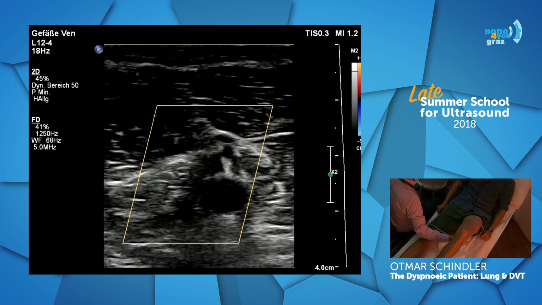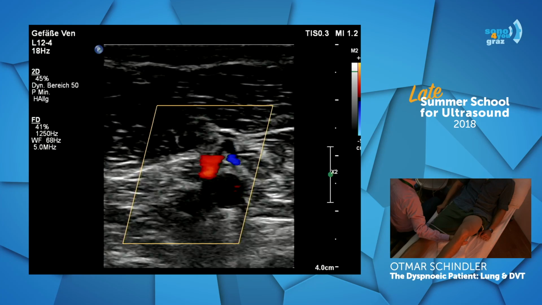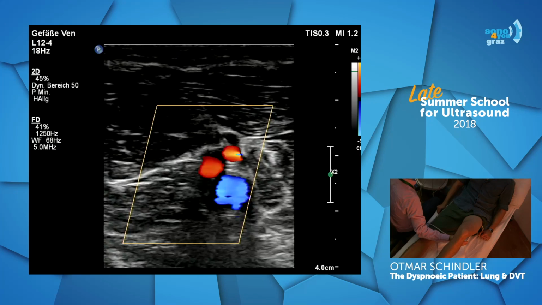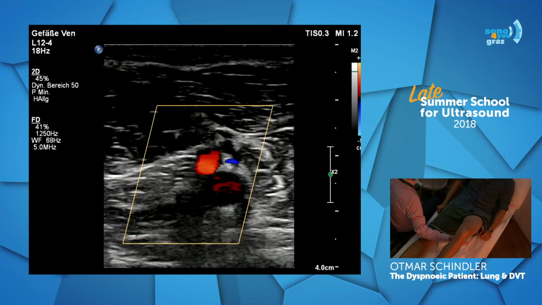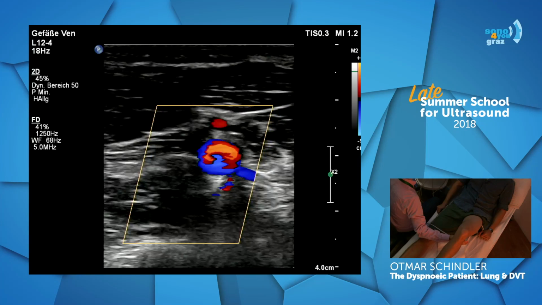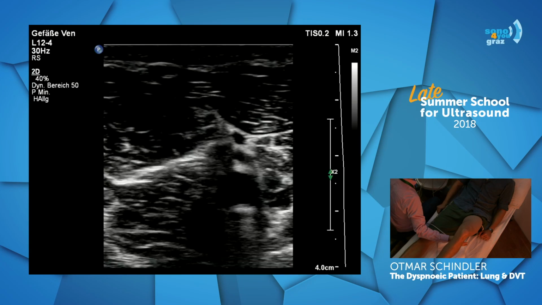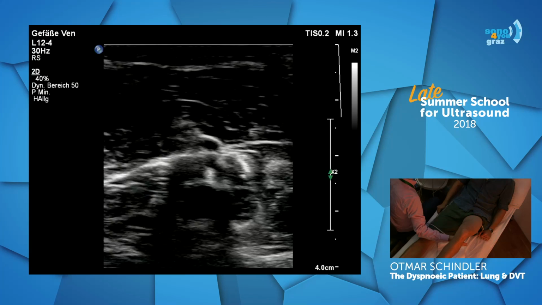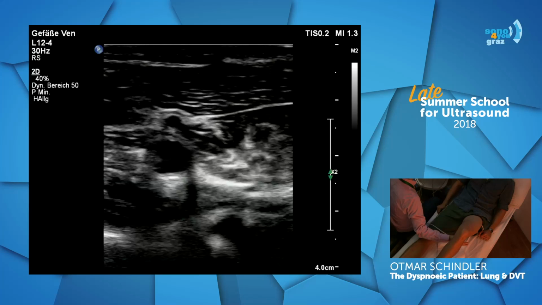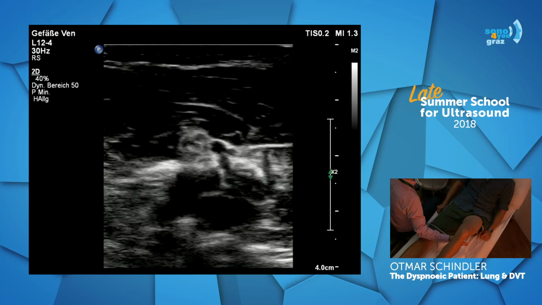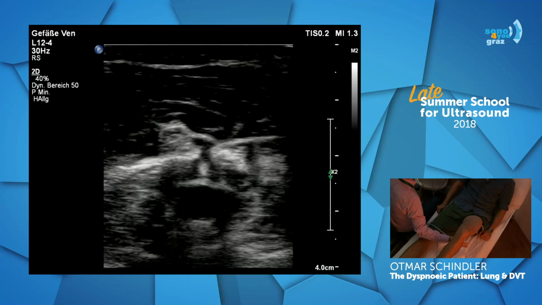With the vein dorsally to the artery. And if we compress, there's only the artery, and now we have the vein again. So the vein can be fully compressed, and the artery stays open.